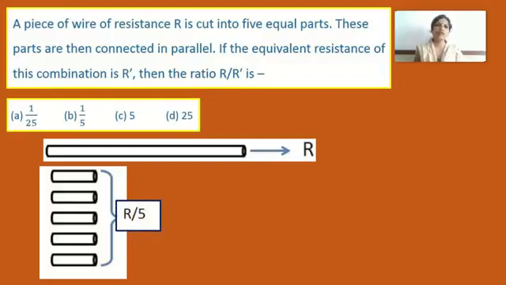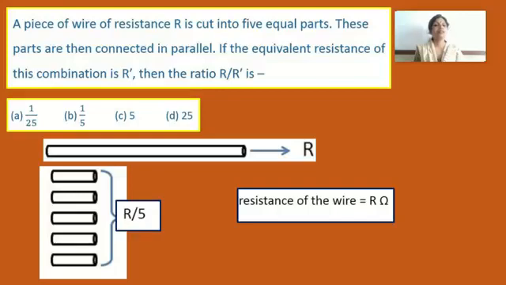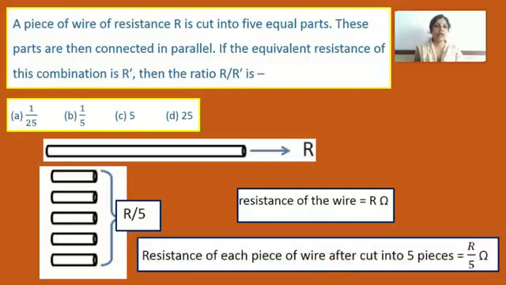That is 1/5 of total resistance R, so R upon 5. This thing is very important: the resistance of the wire is given to us as R, and when we divide it into 5 equal parts, each part has value R upon 5.